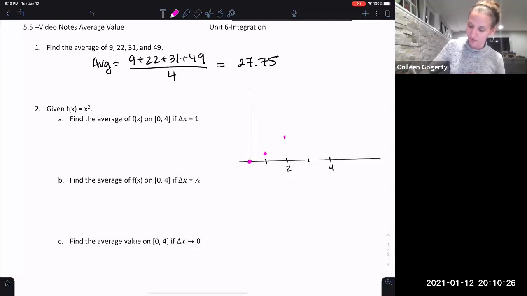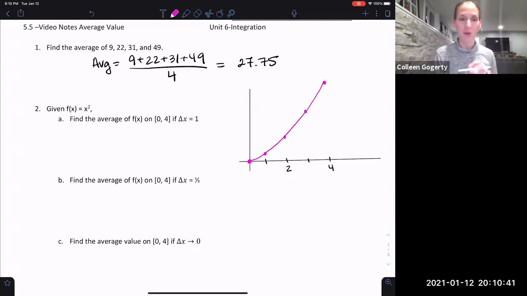At 2, we're at 4. At 3, we're at 9. And at 4, we are up here at 16. Basically, we should be getting, oops, not a line, we should be getting the beginning of a parabola. Once again, not to scale, but over this interval, this should work pretty well.